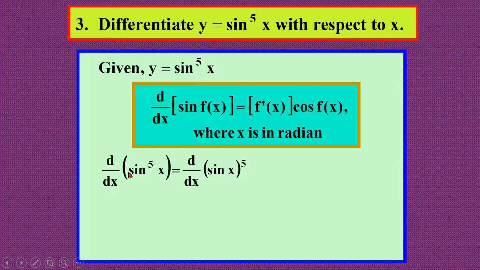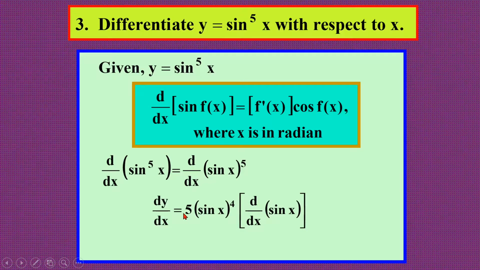Now, I'm going to treat this as differentiation of a composite function. What will happen here is the 5 is going to go in front, copy whatever is inside the bracket, and index minus 1. That's how we do differentiation of composite function.